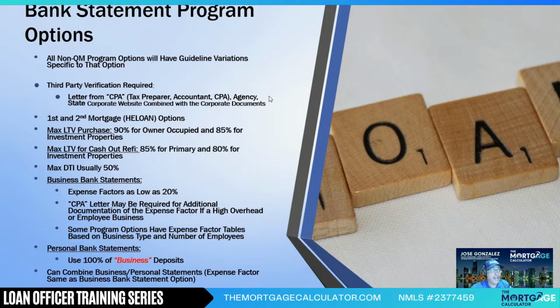But as the bullet point says there, the CPA letter may be required for additional documentation of the expense factor if a high overhead or high employee business is detected. So you may present it with one expense factor, but they may say, we're not sure. That type of business usually has a higher overhead, so we need a letter now from the tax preparer to document the expense factor.